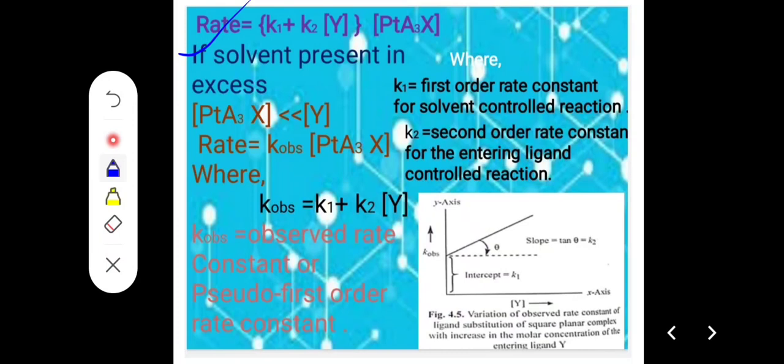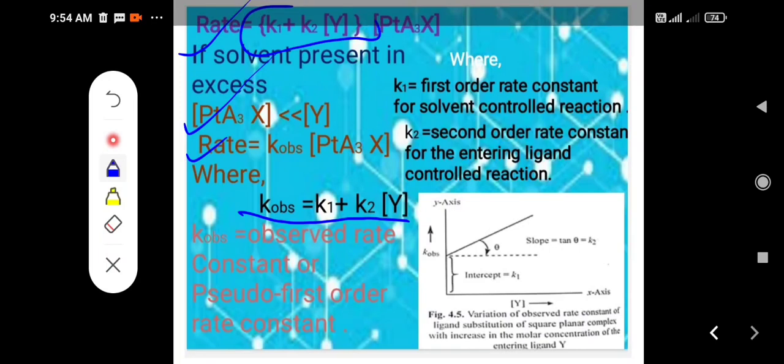Okay, if the solvent is in excess, we can also say [Pt(A3X)] is much less in concentration than Y. So we can omit, we take [Pt(A3X)] much less than [Y], that is, we get rate equals k_obs [Pt(A3X)], where k_obs equals k1 + k2[Y]. This is the k observation.